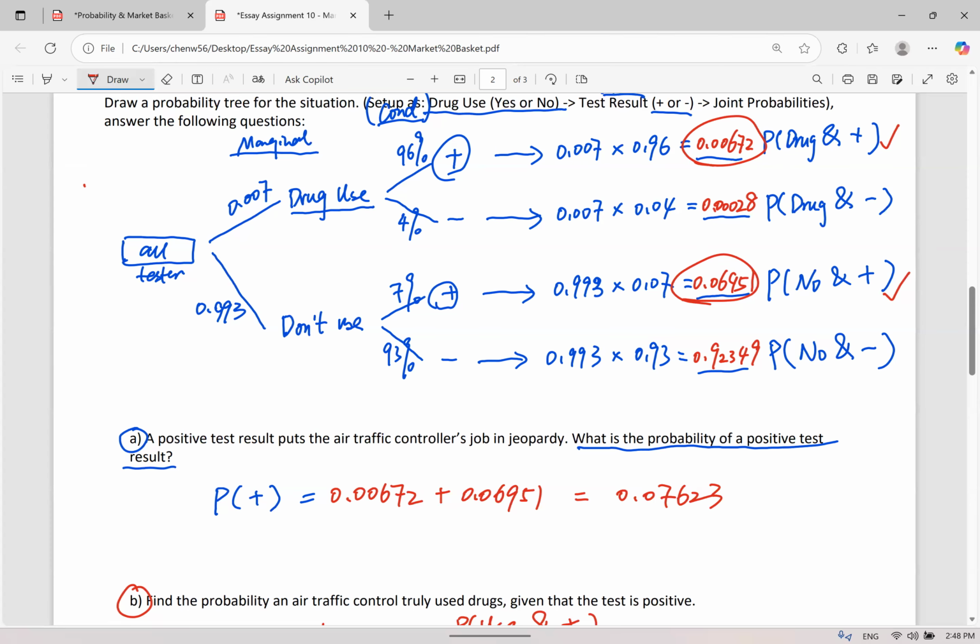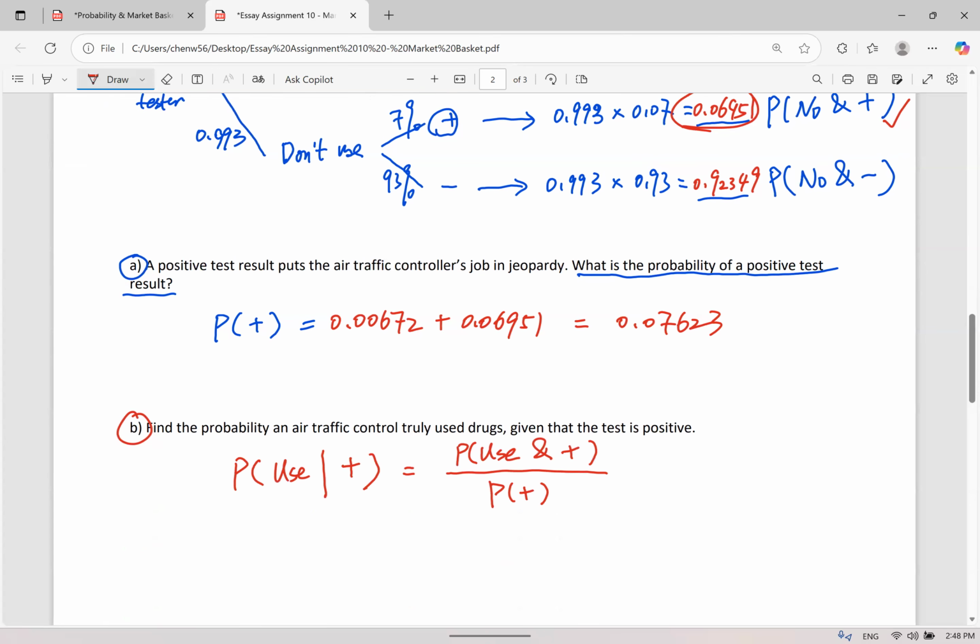Okay. All right. What about the next one? I got 0.088. That's good. That just means out of all the positive results, 0.07623 is all the possibility for the positive results, and which one is for really using the drug?